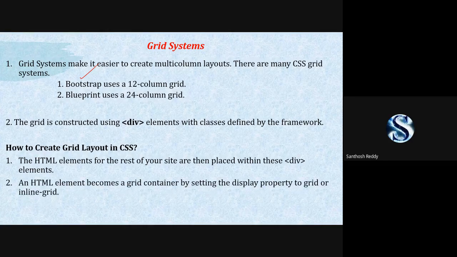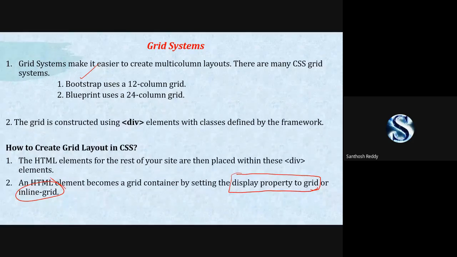Just read the content here. The second statement says how to develop your grid: we have a property called display. For display, I have to apply a value called grid or inline grid. Based on this, I'm going to apply the properties. Understood?